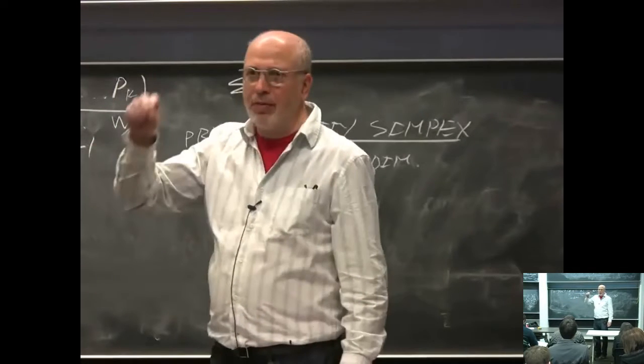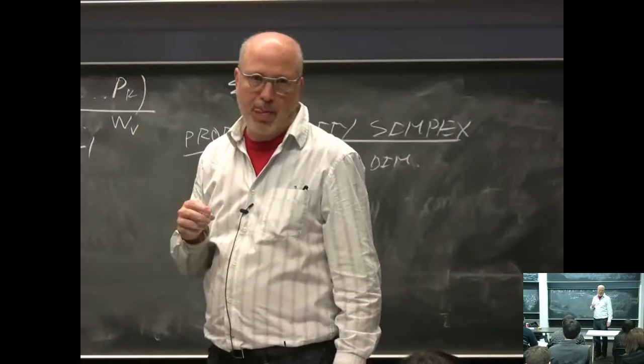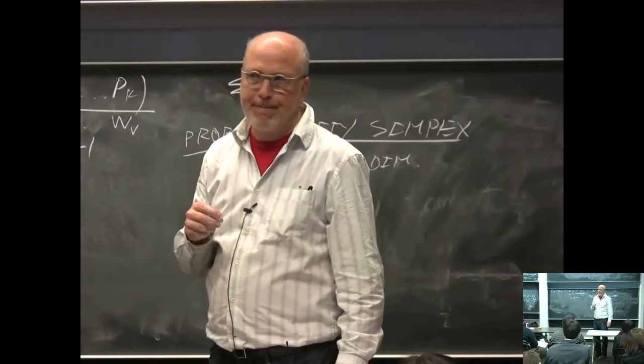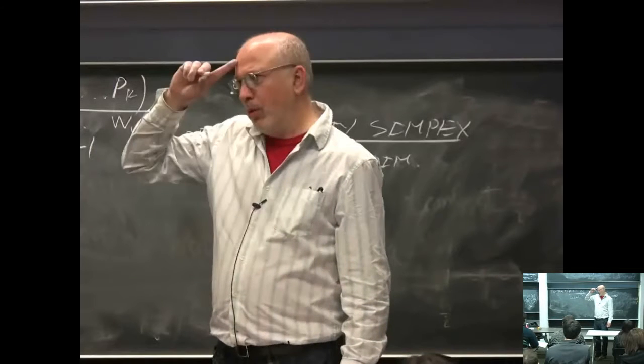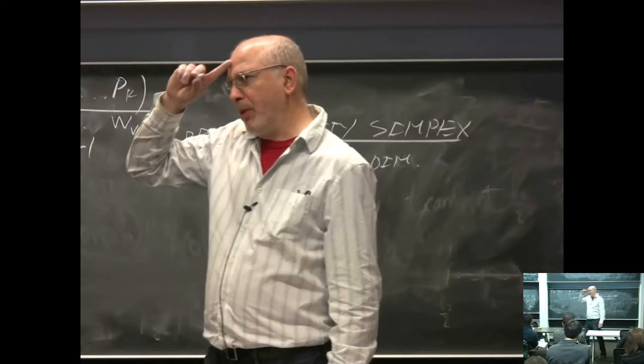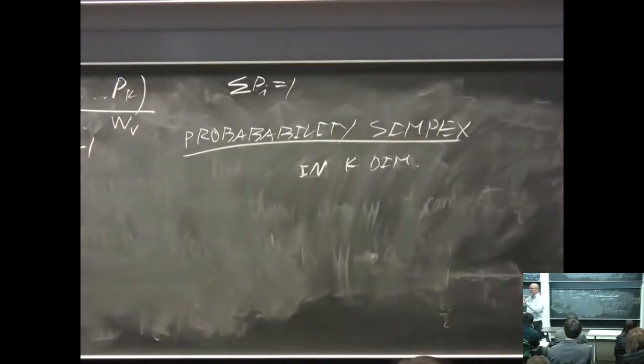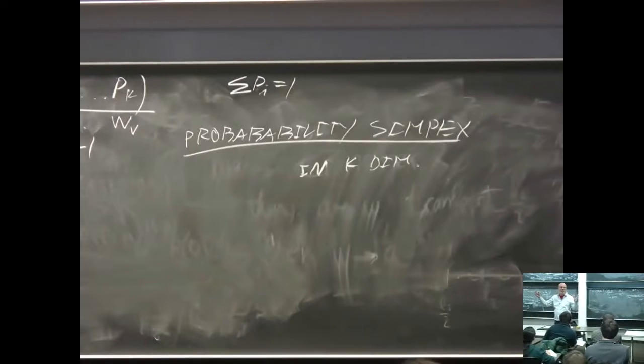Namely, that all of their coordinates are between 0 and 1, and the sum of their coordinates is 1. Now, the probability simplex is an example from geometry of something that's called a manifold. A manifold is a subset of the n-dimensional space. The subset itself may be of lower dimensionality, but it's not necessarily a neat subspace.